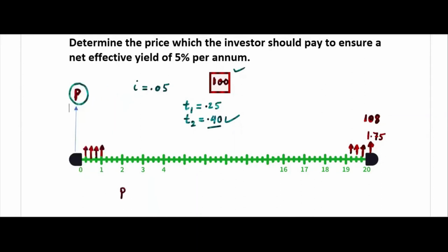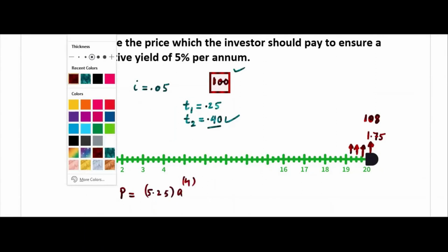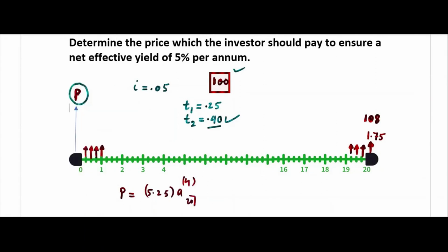That's all. Now, considering this example, suppose I start writing this way. My pricing is P is equal to 5.25 A4, and here it's 20, plus 108 V20, that is there anyway. Then from this one, I have to subtract capital gains tax.